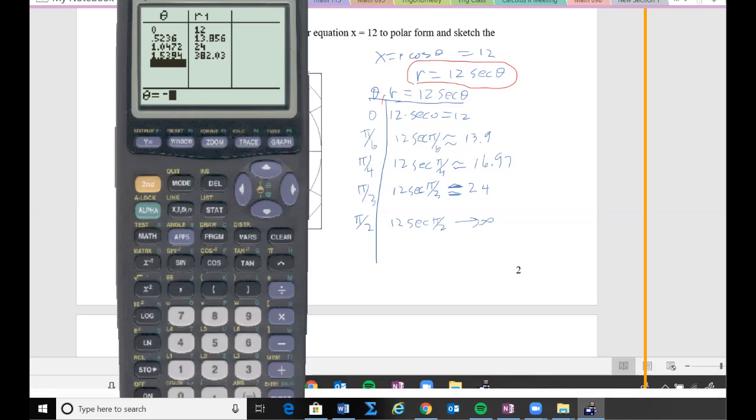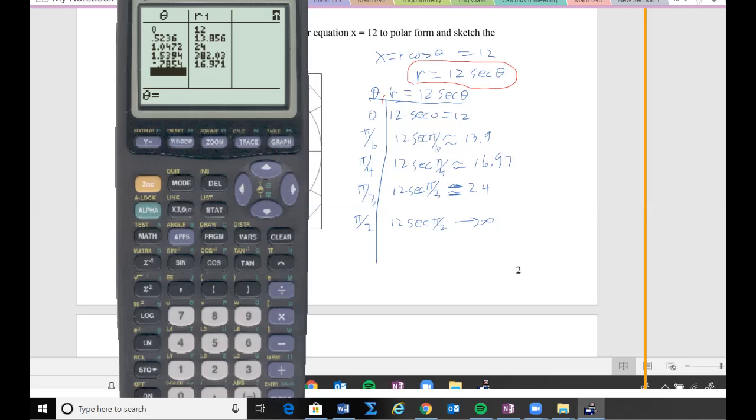Let's try negative pi over 4. Okay, let's see what we get there. Okay, so I'm still getting positive. All right, I'm going to continue past that. I'm going to do 3 pi over 4. That's what I meant to say. Let's try that.